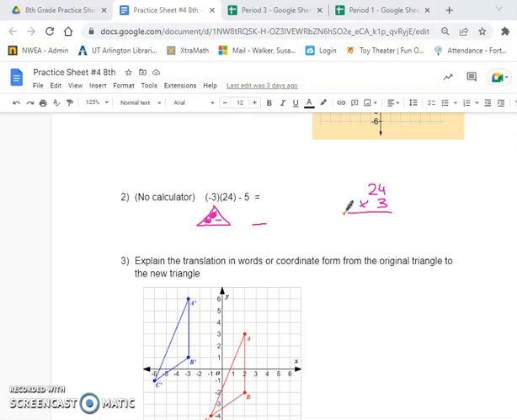If you don't know your 3's, you can list them. Three times 4, 12. 2 carry the 1. 3 times 2, 6, plus 1, 7. So that's negative 72. That's not my answer because I also have minus 5. So this part is negative 72 minus 5. Now we're at add subtract. So I want to think on a number line.